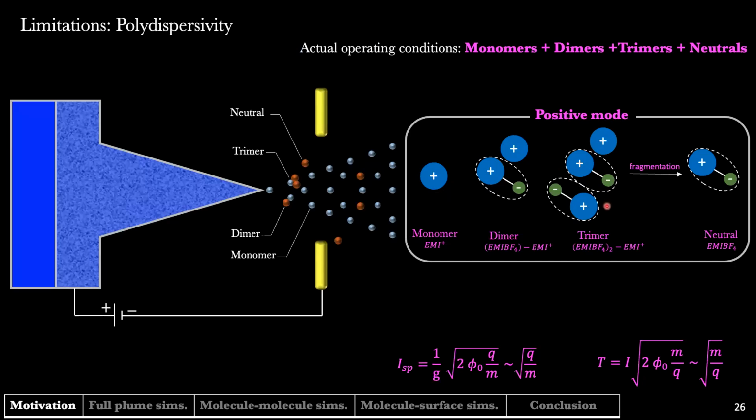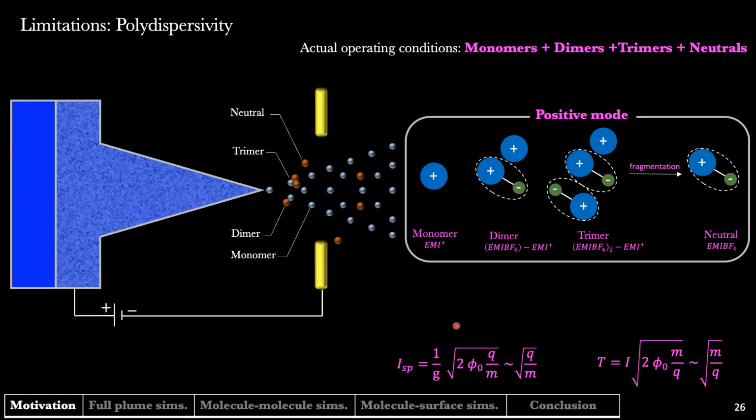And in addition to these three different molecules that we get within the plume, we also have fragmentation. So these complex molecules also fragment to give neutrals and ions. So we have different species here with different mass to charge ratio.